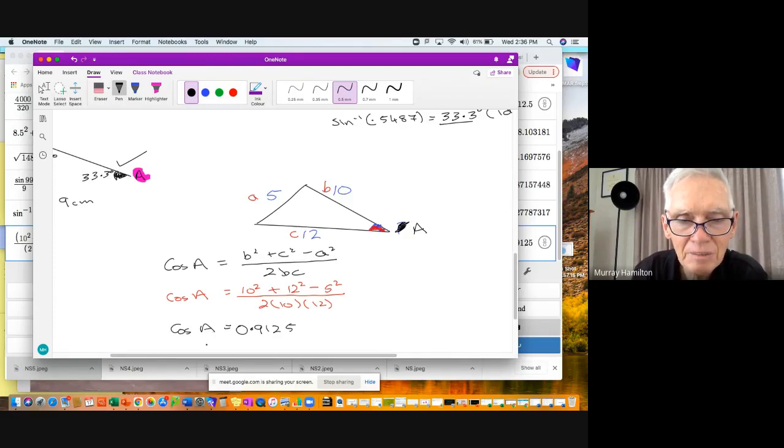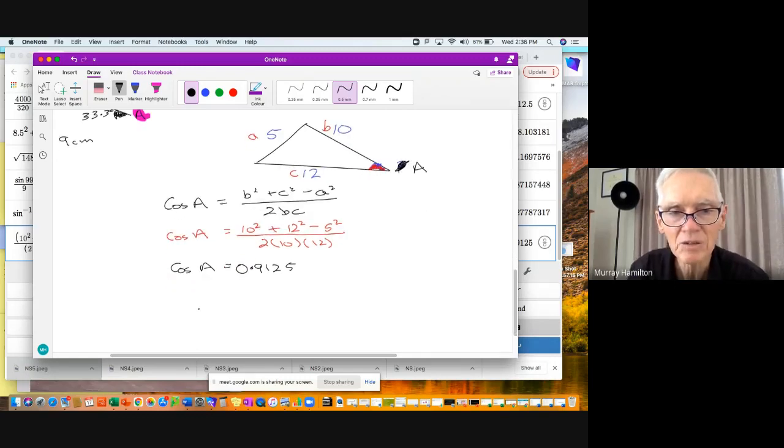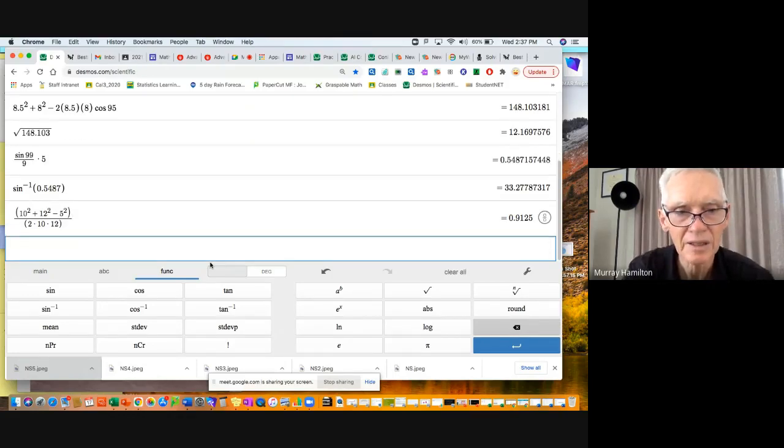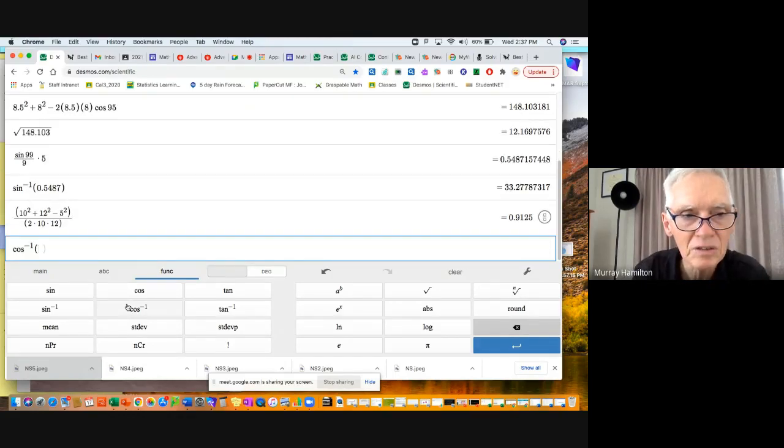So if we want to find what A is, we have to go inverse cosine. A equals the inverse cosine of 0.9125. So we do that over here, go to the inverse cosine, and put in 0.9125.